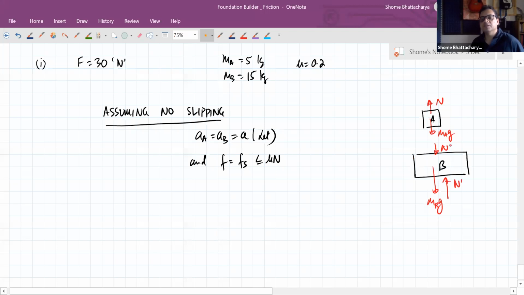But the friction between A and B depends on the normal reaction between A and B, so that is this n over here. So you can see that n is equal to the weight of A, which is equal to 50 newtons, taking g as 10. So mu n is equal to 0.2 into 50, or 10 newtons. So this value here is 10 newtons.